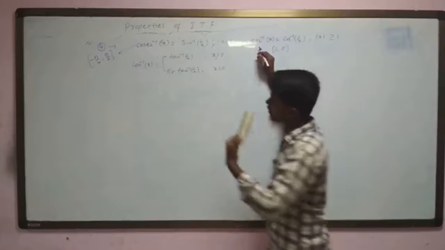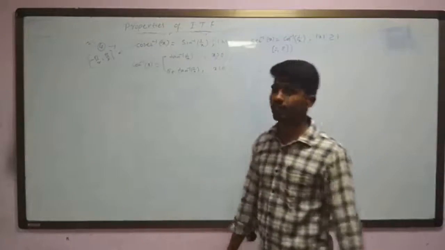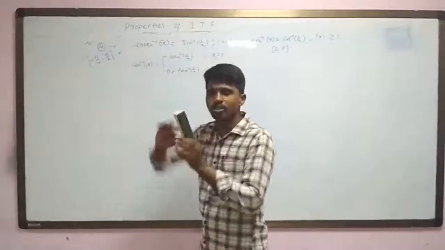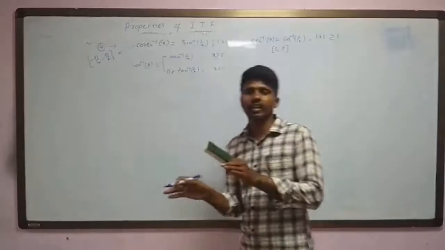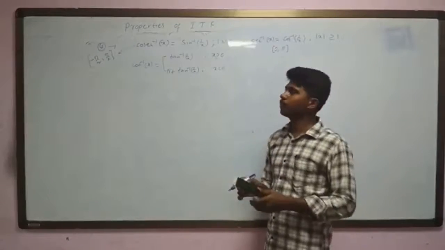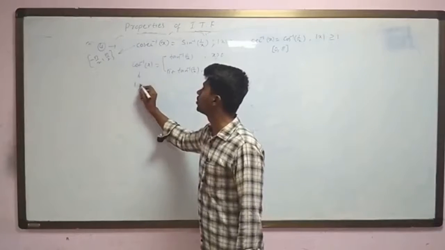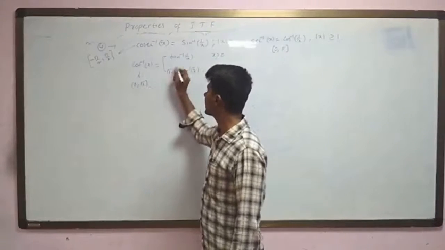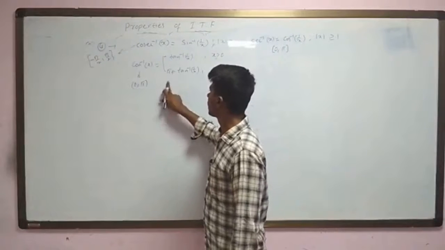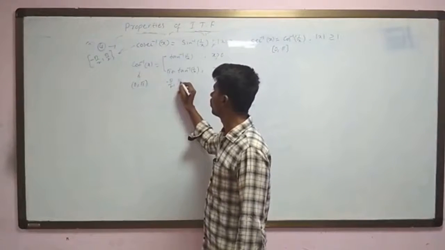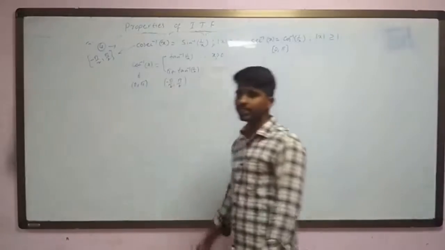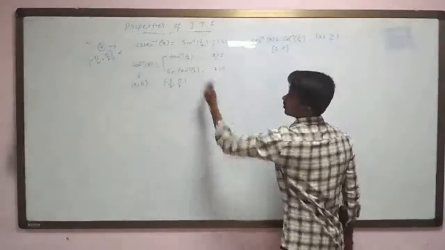These two are almost the same in their ranges, except for only one value. But cot inverse is completely different. Cot inverse is defined between 0 to pi, and tan inverse is defined between minus pi by 2 to pi by 2. So because of this change, we got two particular values.